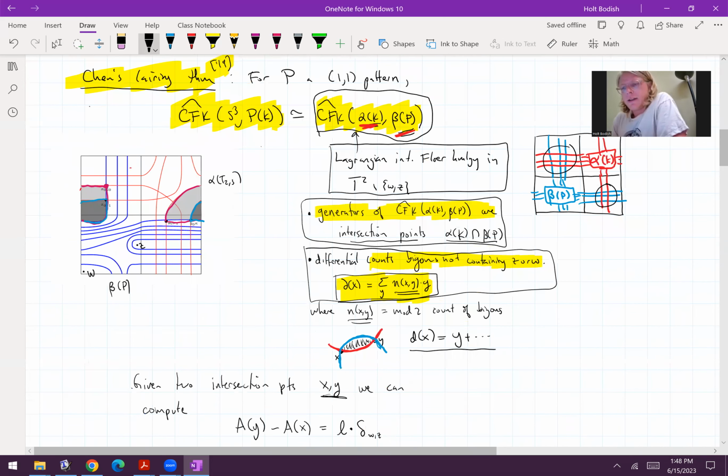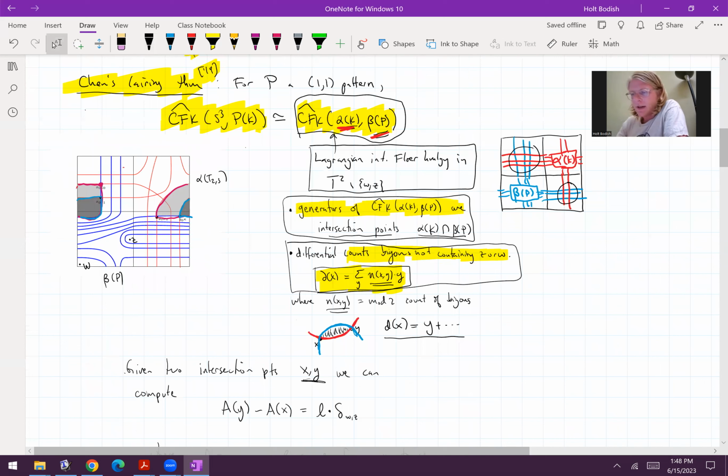Not only does it give us a concrete description of the generators, it also gives us a way to compute the Alexander grading difference between 2 intersection points, which correspond to generators in this chain complex. And I can do that by picking an arc on the beta curve that goes from x to y, and picking an arc that goes from w to z, and I compute the algebraic intersection between those 2 arcs.